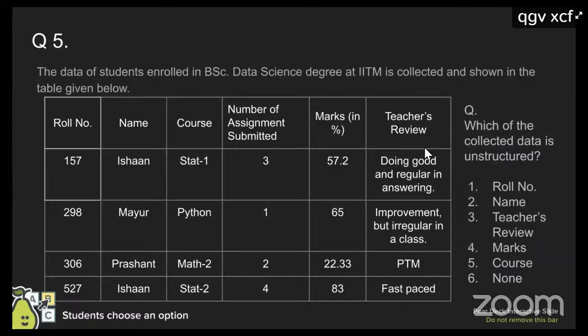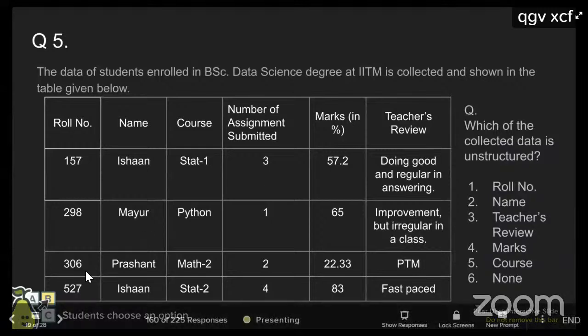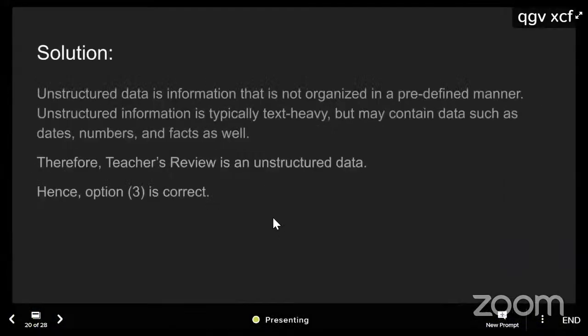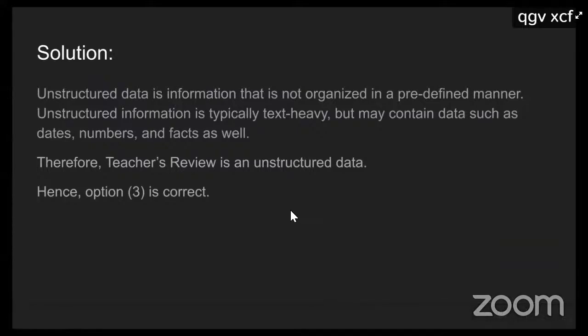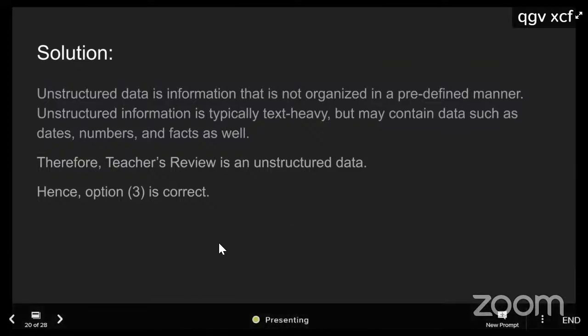Then it's predefined and organized in a predefined manner, so it becomes structured data. Unstructured means there is no boundary, it's not organized in a predefined manner, right?